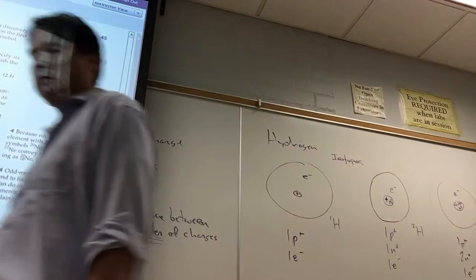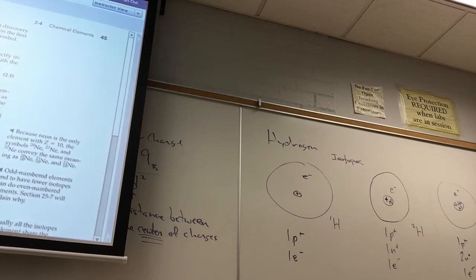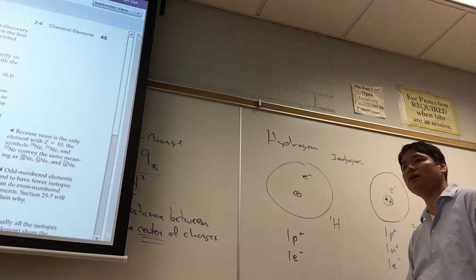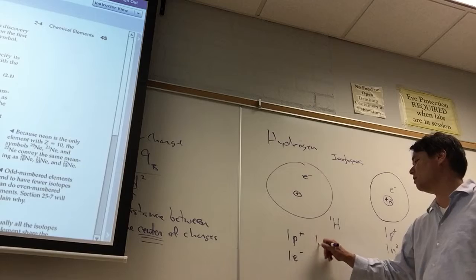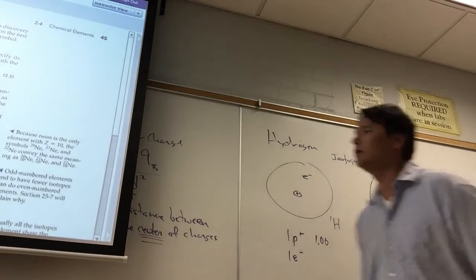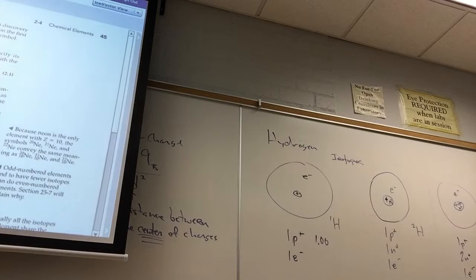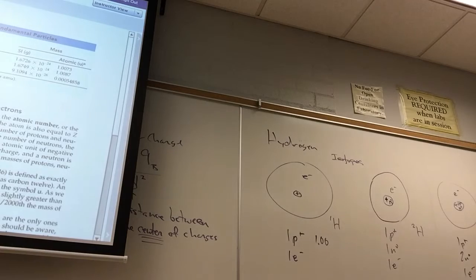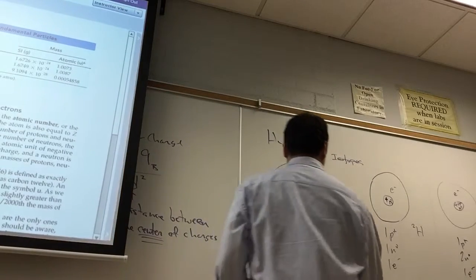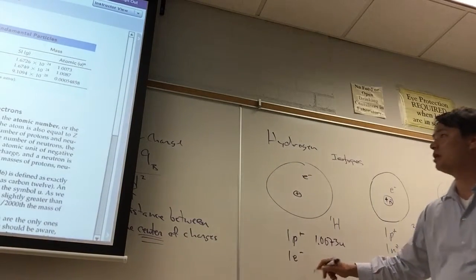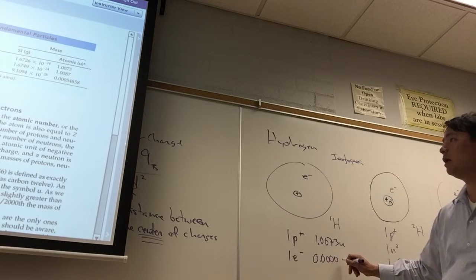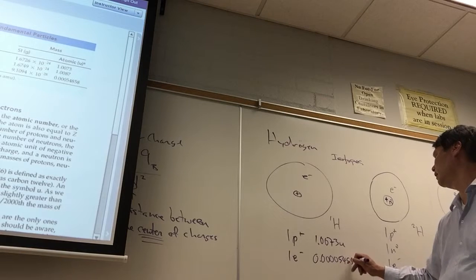How much does it weigh? How much do these atoms weigh? Well, we know the mass of the proton. We know the mass of the electron, right? The mass of the proton in U is 1.0073 U. The mass of an electron is 0.00054858.